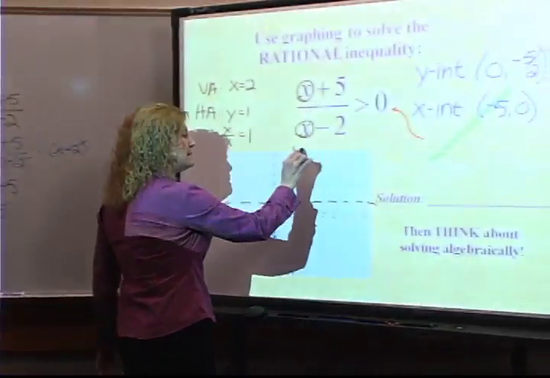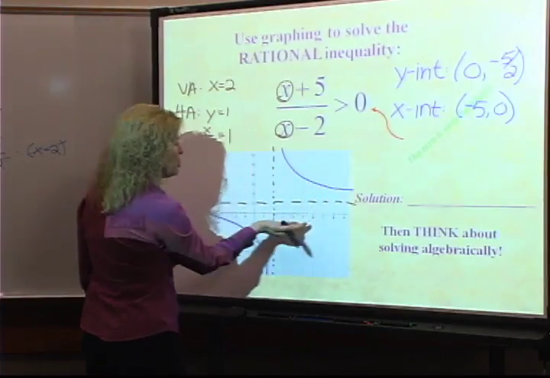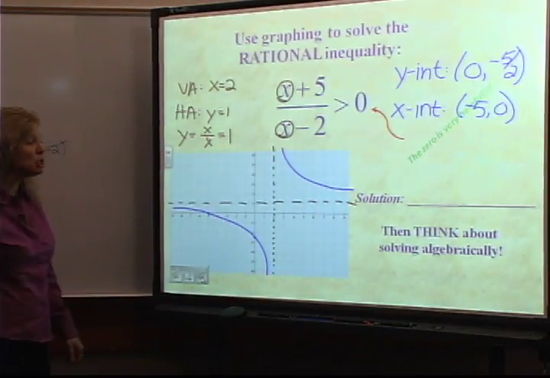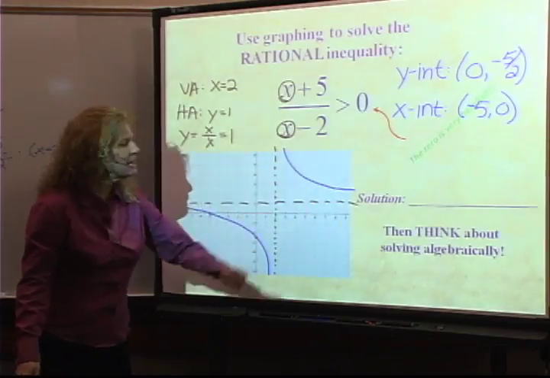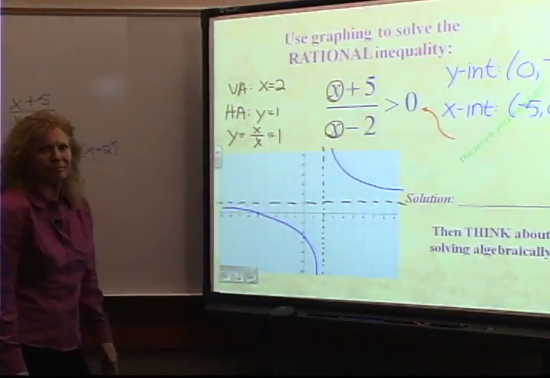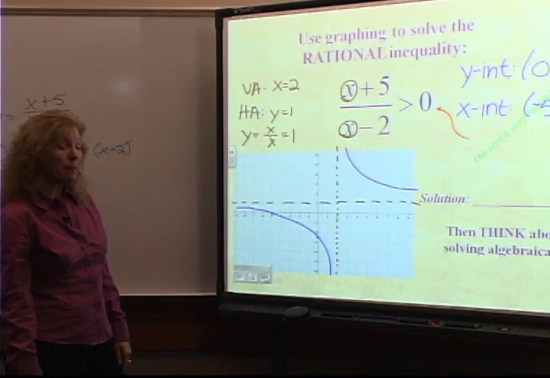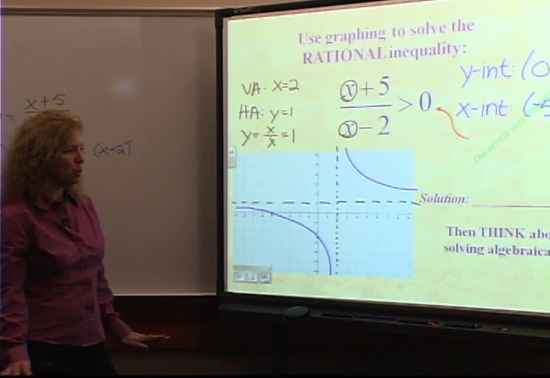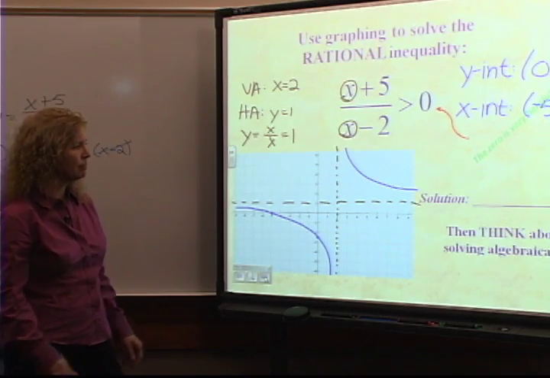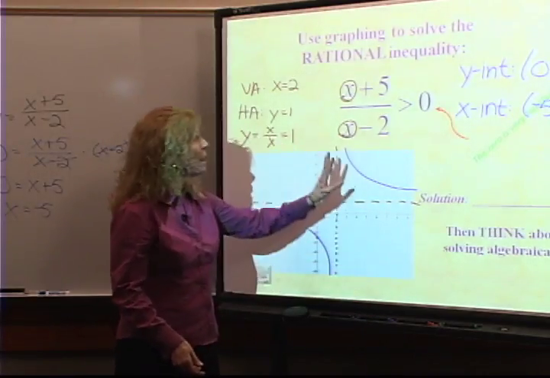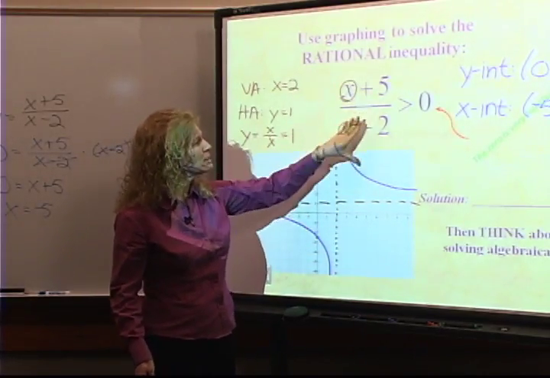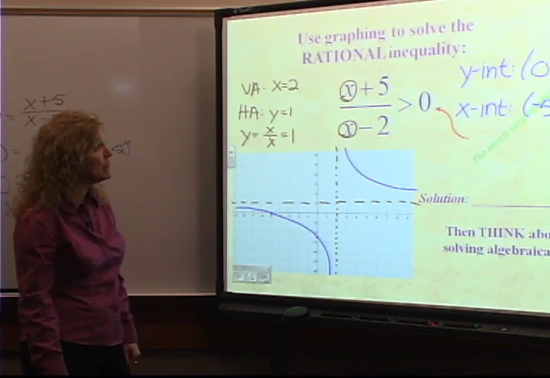And what that means in this case is I'm crossing over that horizontal asymptote, and it's not perfect. If you want, plot some points. But it's good enough for what I need. Okay, so I have graphed y equals x plus 5 over x minus 2.